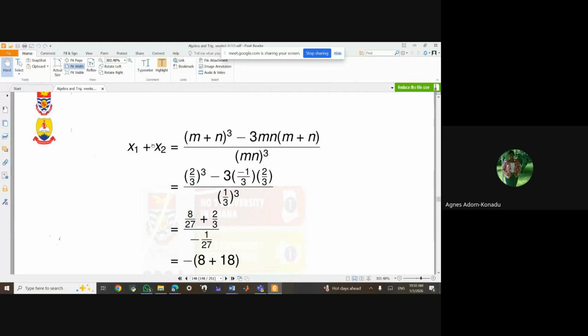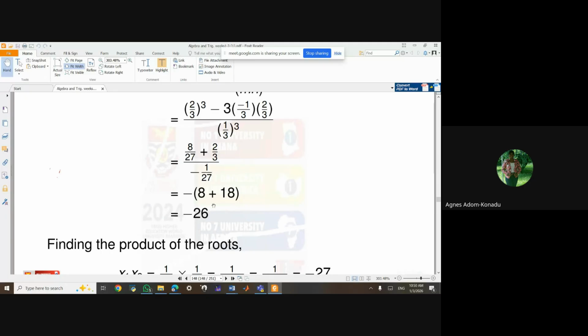And so we know that m plus n is 2 on 3. We know that the product mn is minus 1 on 3. Then the sum is 2 on 3, all divided by the product cube. Product is minus 1 on 3 cube. So this one, expand and simplify, and you're going to get minus 26.